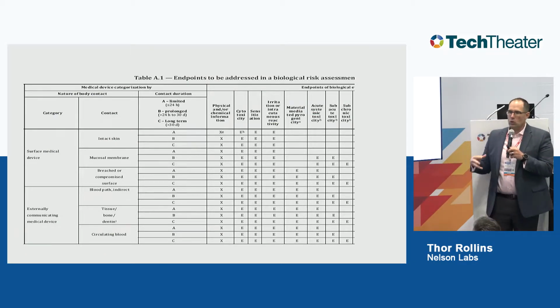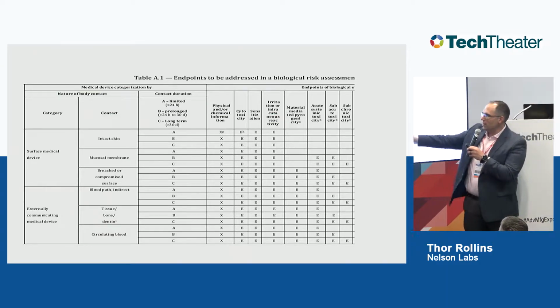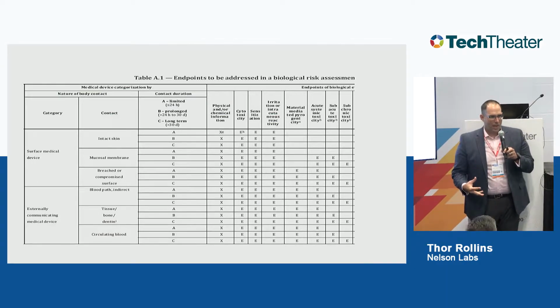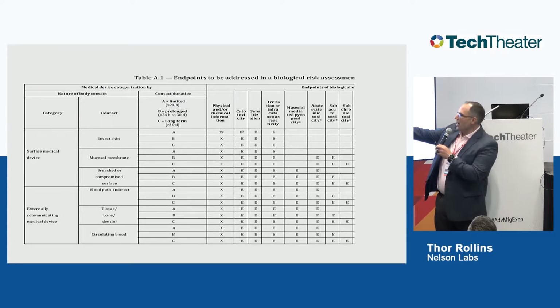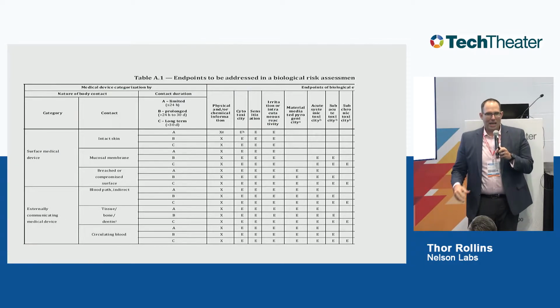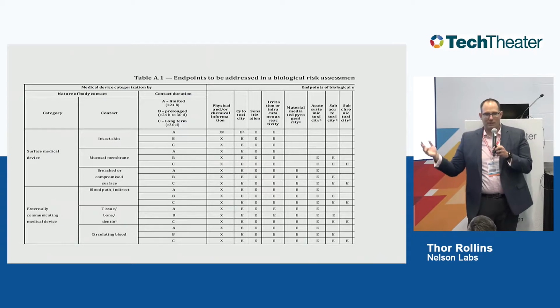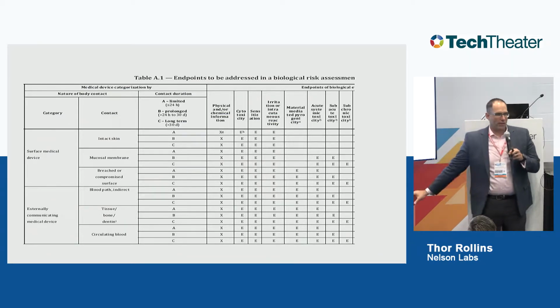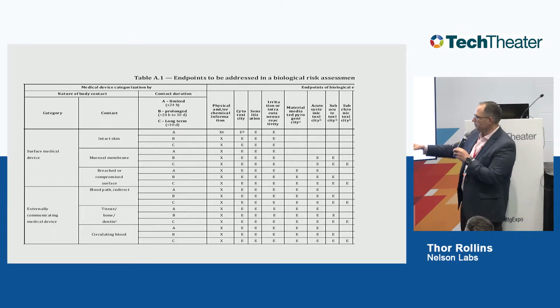Okay, so this new chart basically is a risk-based approach which says you have to gather physical and chemical information, and then based on that physical and/or chemical information, you need to evaluate these endpoints any way you can to understand the risk of cytotoxicity, sensitization, irritation, et cetera, okay? So this is the most current version of ISO 10993-1, 2018.